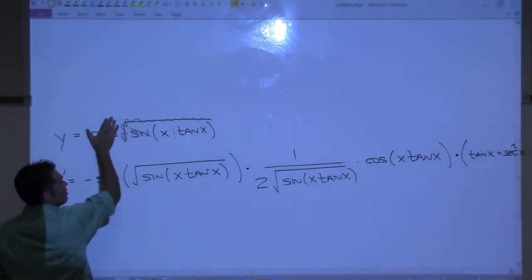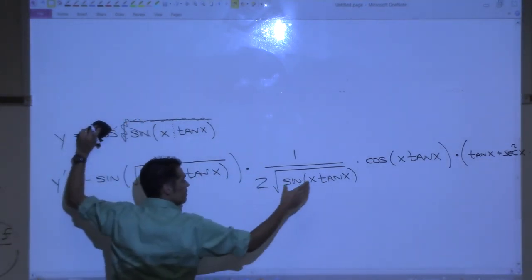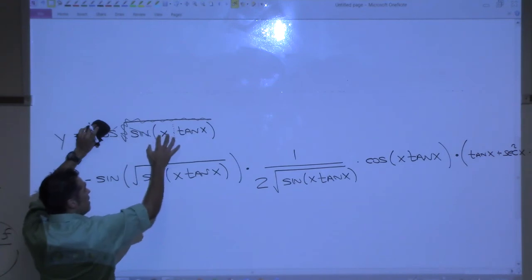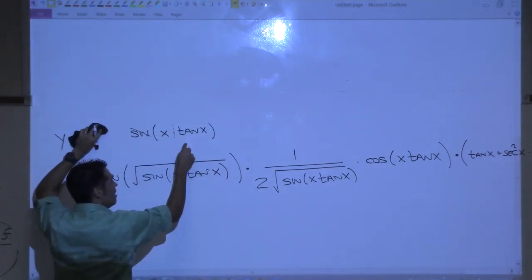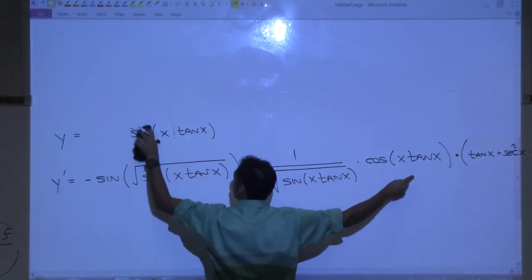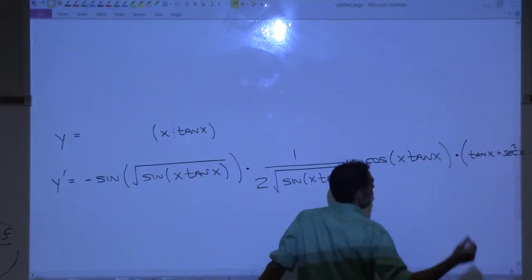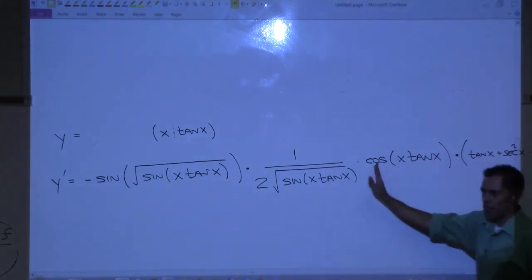We've done this cosine, so now we go to the square root. Derivative of the square root of something is 1/2 times square root of that something. That means this stuff inside. We've done the square root. Now Jackson got this one, sine of this, right? So he said derivative of sine of something is cosine of that something. So we're done with sine. Now we get to here. Elijah's like product rule, boom. Tacking them all together with multiplication.